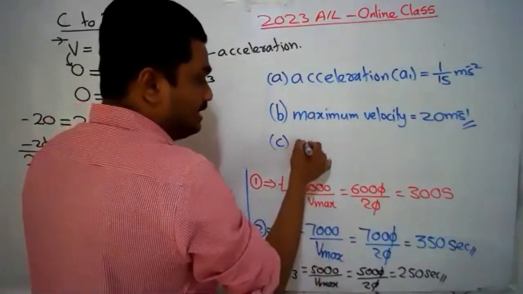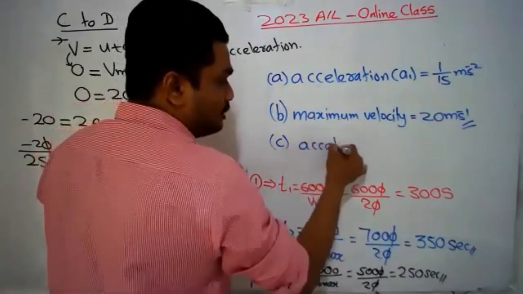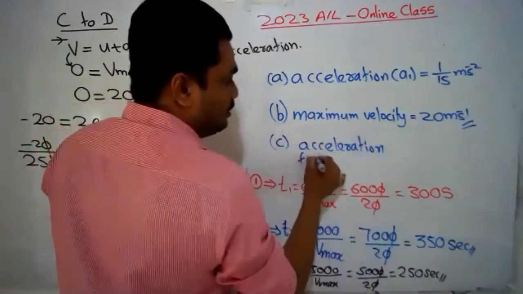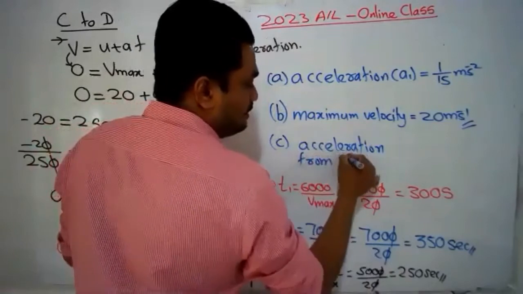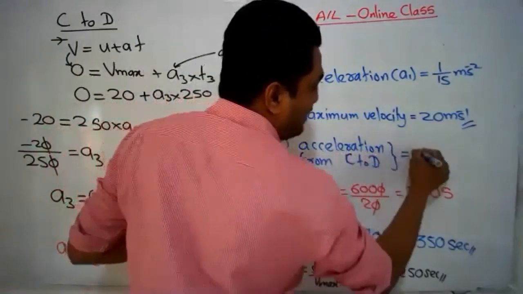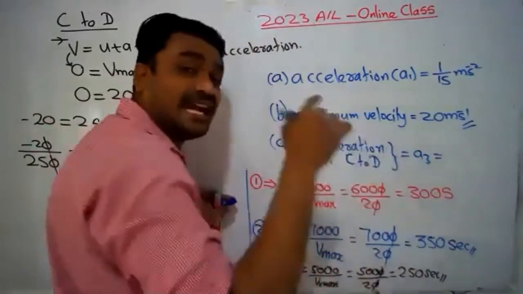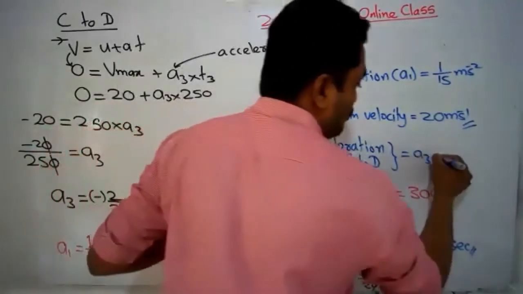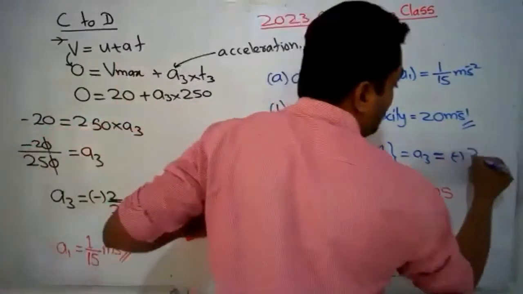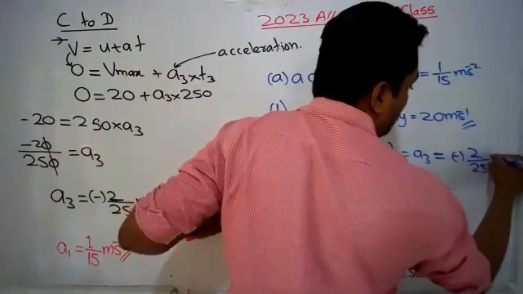If you say acceleration from C to D, that is A3, if you use the term acceleration, you have to use the minus sign with this 2/25. Can you understand?